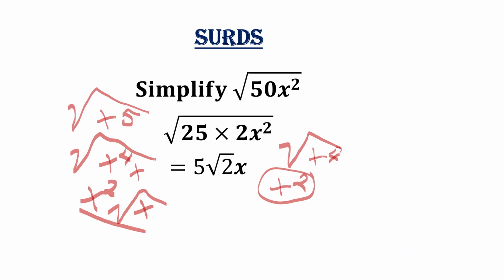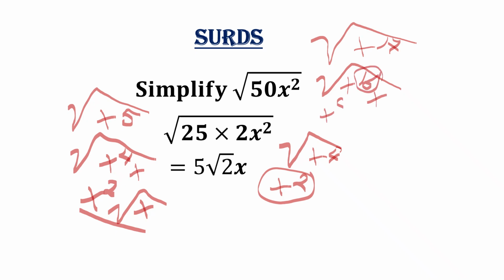That's how you deal with it. So I'll give you one more example and then we'll go to the next slide. So it was x to the power of 17, for example. It's going to be x to the power of 16 times x. Half the 16, so it's x to the power of 8, and then root x.